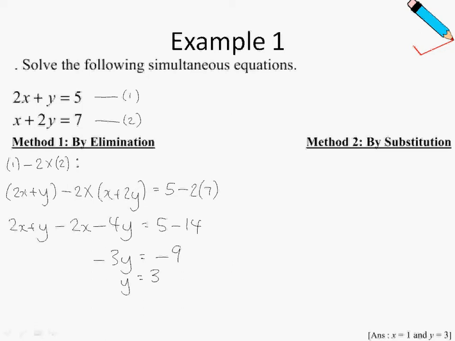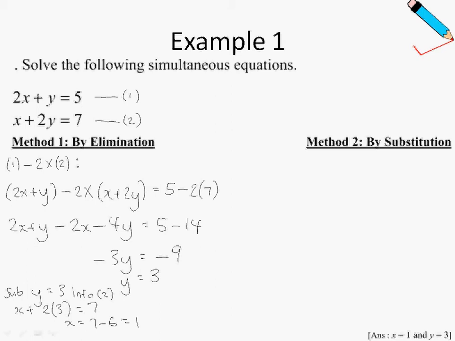So I get y is positive 3. Take note that at this point, I'm not done. So I need to sub y equals 3 into equation number 2. So x plus 2 times 3 gives me 7, and so x is just 7 minus 2 times 3, which is 6, and so x is just 1.